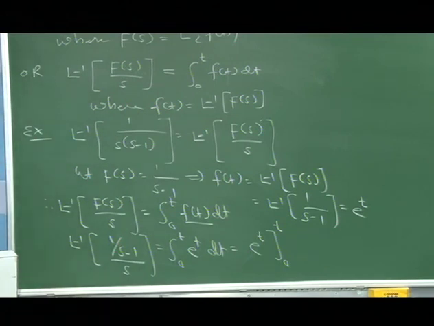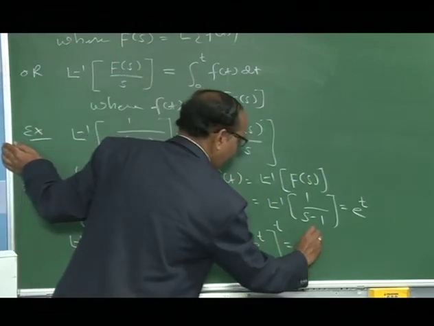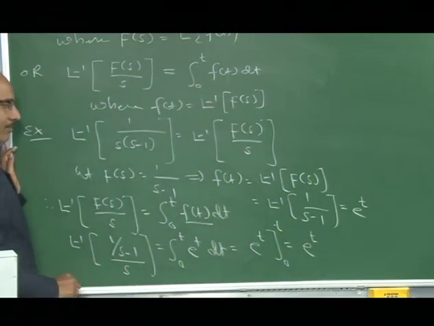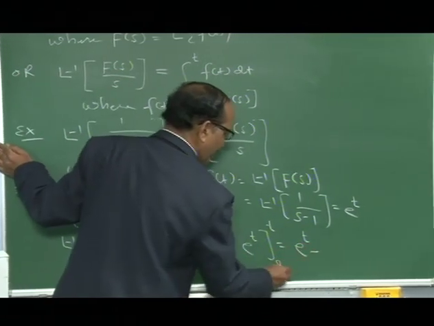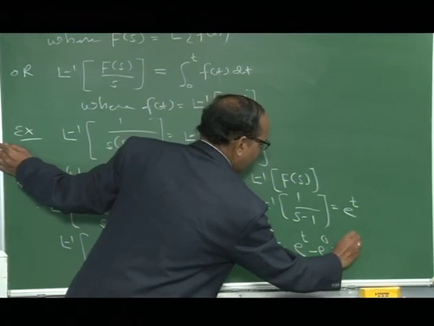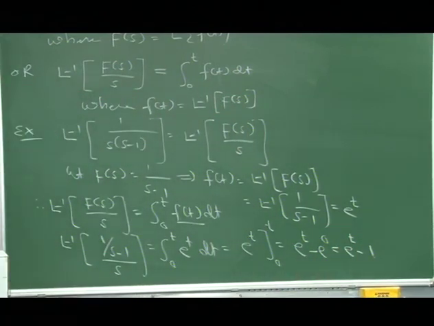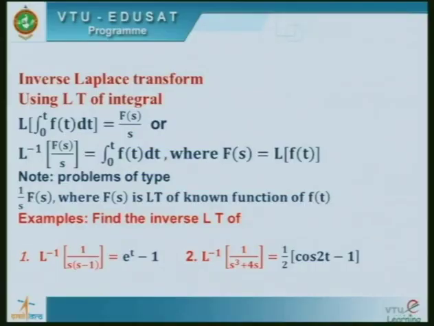So, put t is equal to t and t is equal to 0 in the function e raised to t. So, e raised to t minus e raised to 0, that is 1. So, finally, it is e raised to t minus 1, that is the inverse of 1 divided by s into s minus 1.